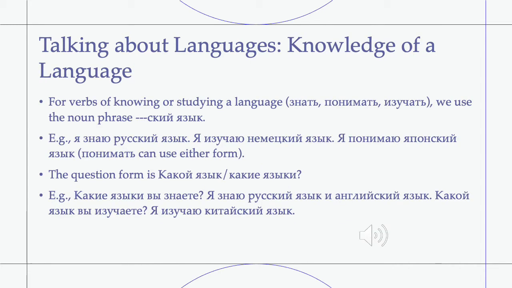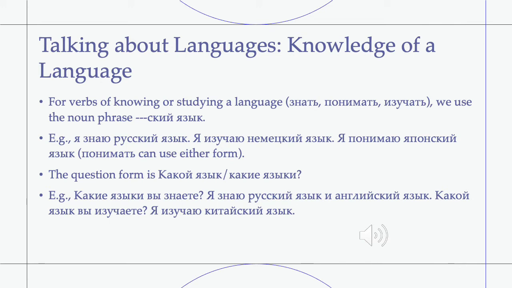We can contrast this with the construction that we use for knowledge of a language. So for verbs of knowing or studying a language, like знать, to know, понимать, to understand, or изучать, to study. For that, we use a noun phrase that's going to be whatever language it is, so something that's going to end in ski and then язык.